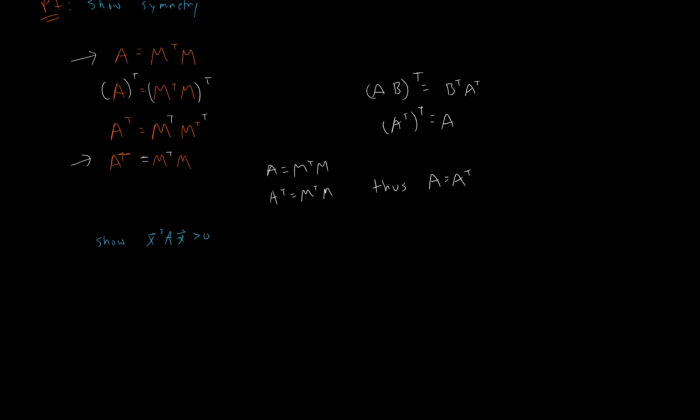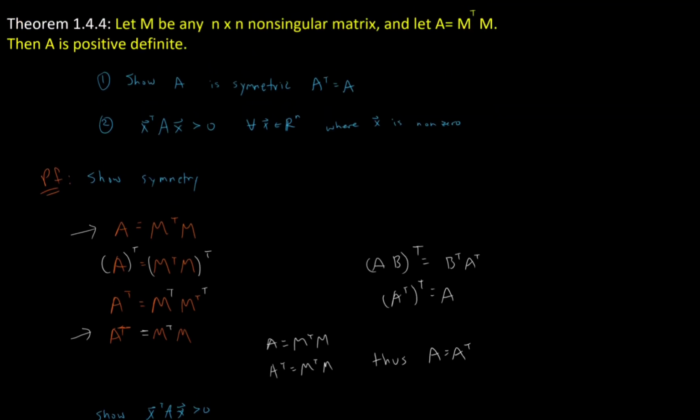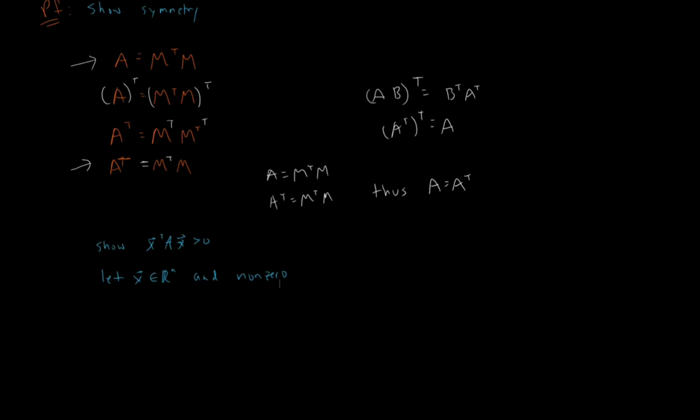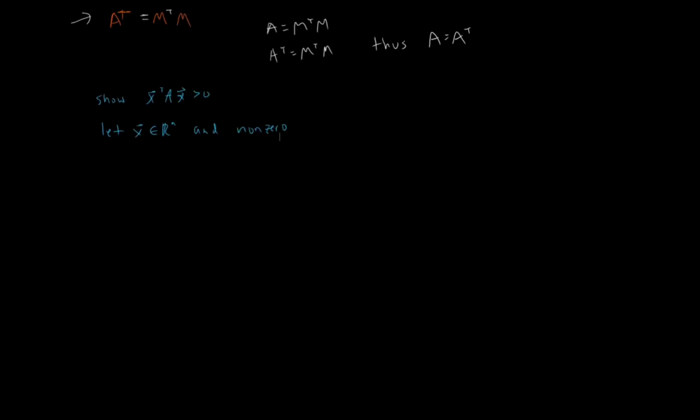We're going to start off by saying let X be a real, non-zero column vector. That means that X is not the 0, 0, 0 column vector, because we need to show that the property is true for non-zero vectors.